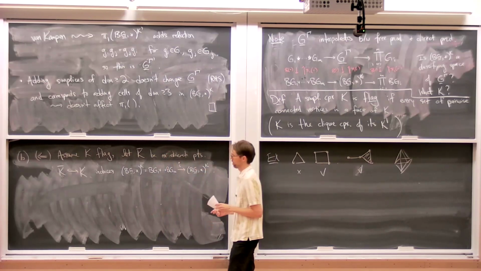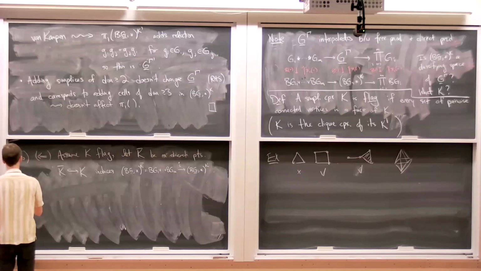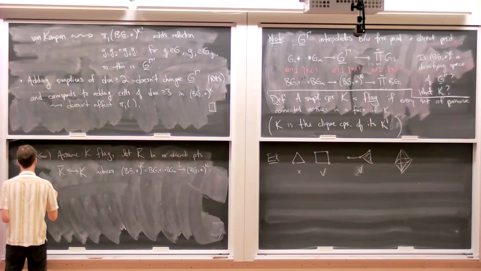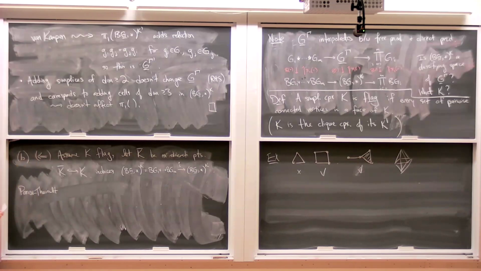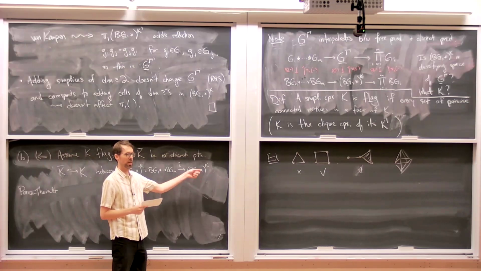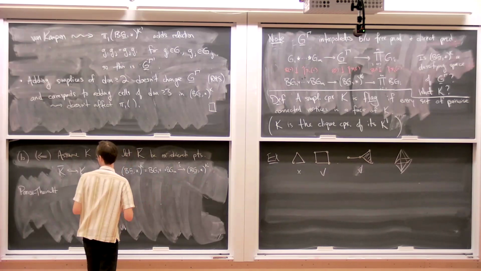And then this is where I'm going to use a non-trivial theorem, a result of Panov and Theriault, which tells us that when K is flag, these functorial maps admit retracts, or sorry, a section, I should say, after looping.